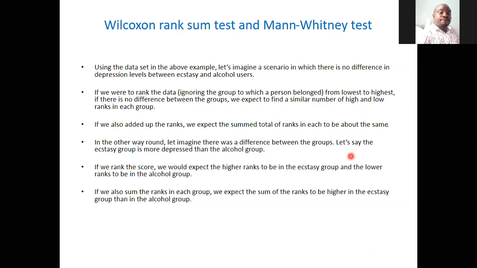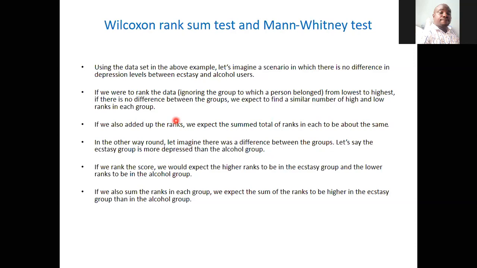So using the data set in the above table now, let's imagine a scenario in which there is no difference in the depression between the drug user and the alcohol user. If we are to rank, you rank the values.